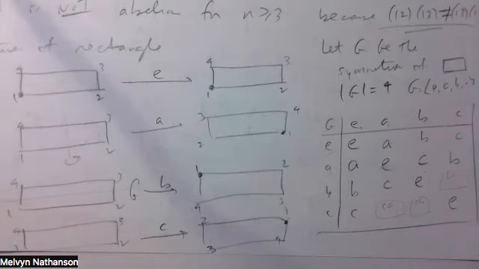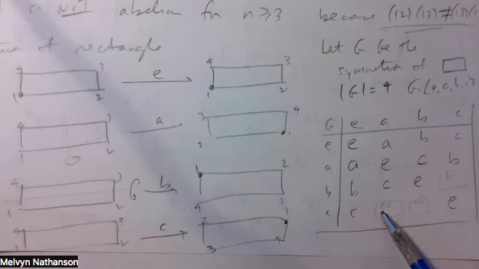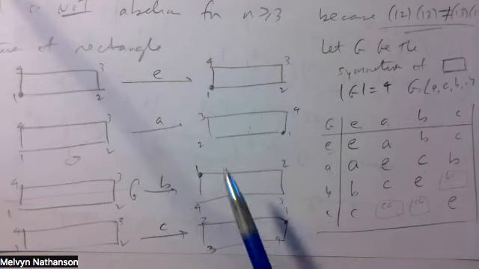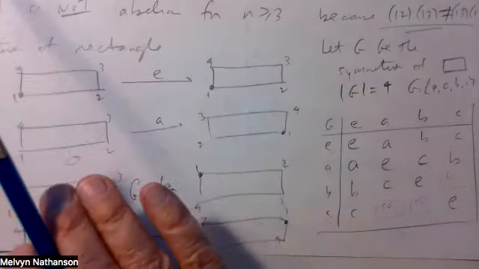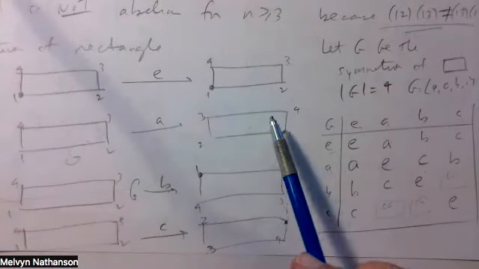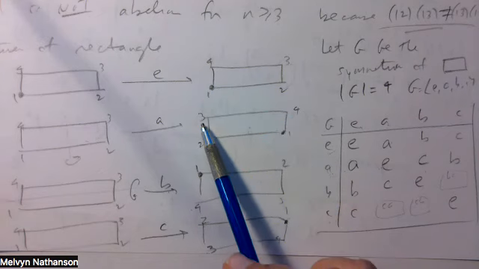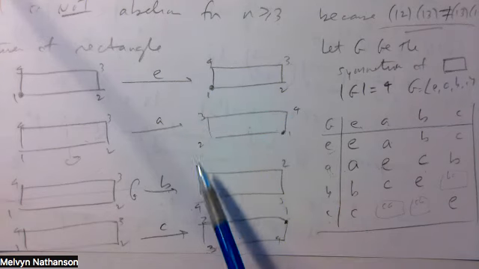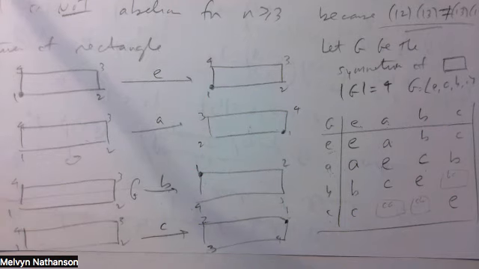So someone wrote that C times A is B. Let's see. If you apply A, that means that's this vertical rotation. And then you move one to the diagonally opposite position, which is over here. That is B. So you are correct.